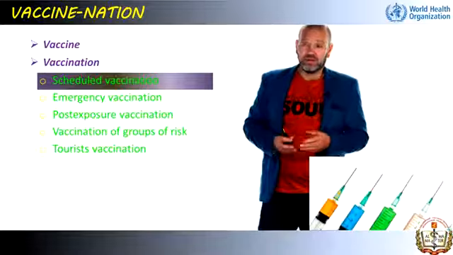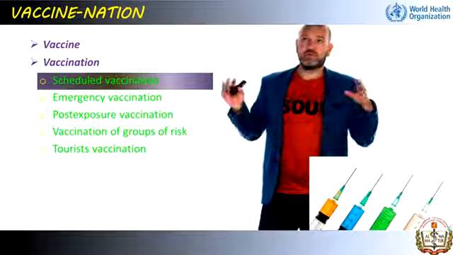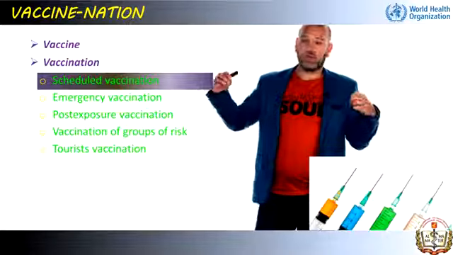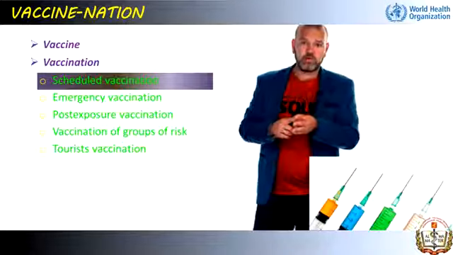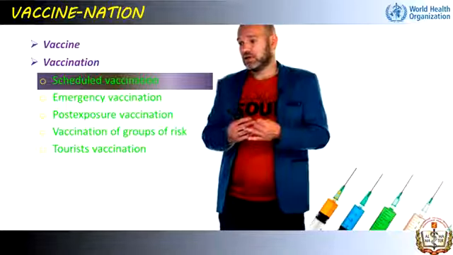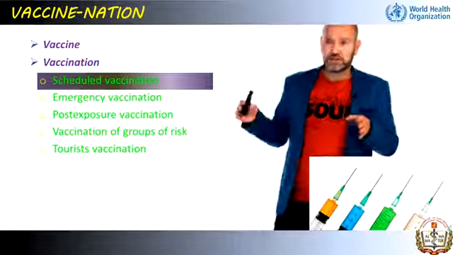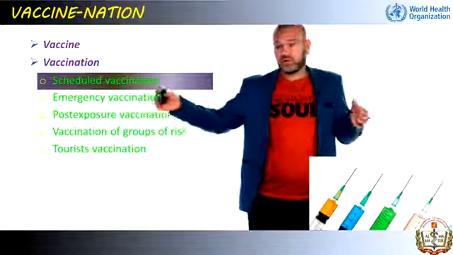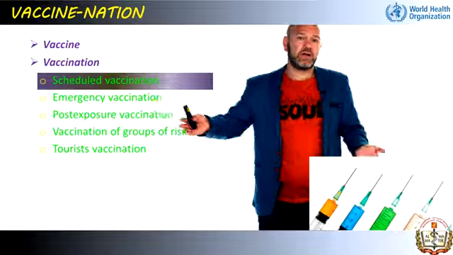So we have certain diseases which are pandemic, globally spread, such as tuberculosis, hepatitis B, diphtheria, and the same. Those vaccines are included in the national schedule of almost every country, because they are important in any part of the world.